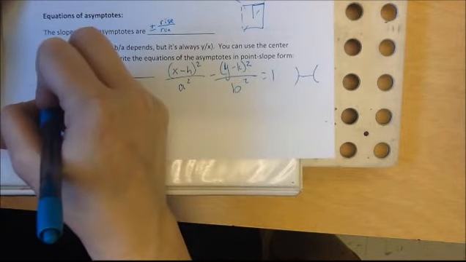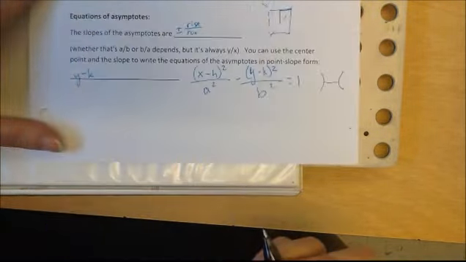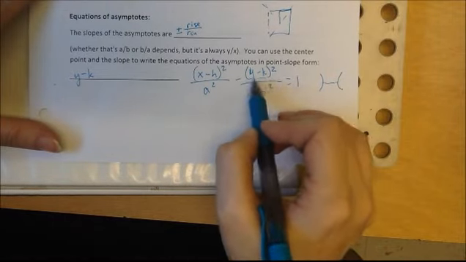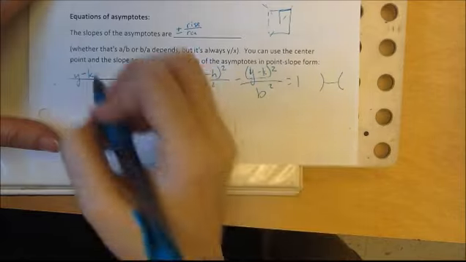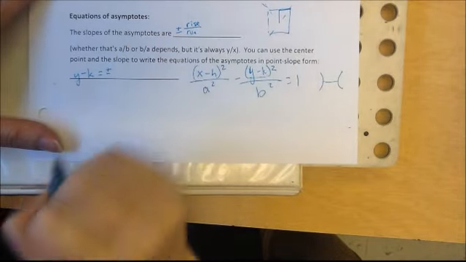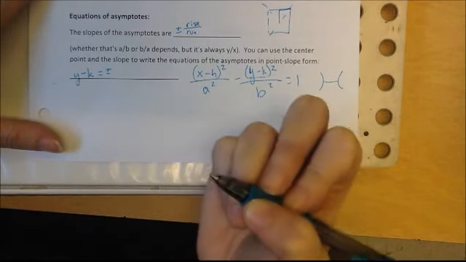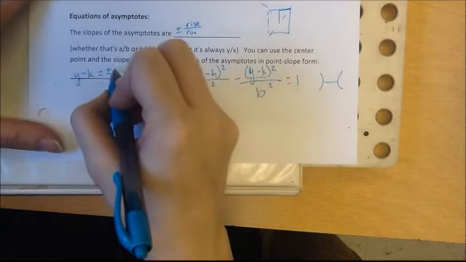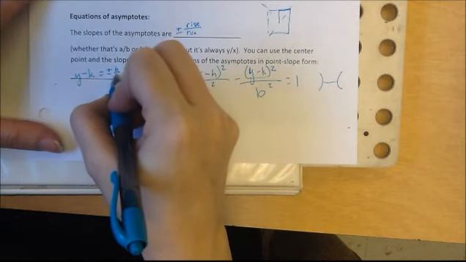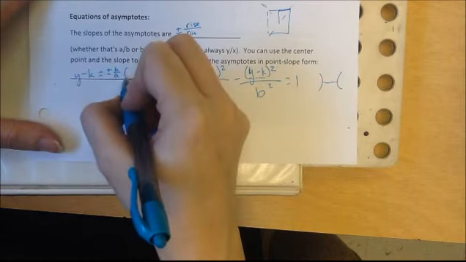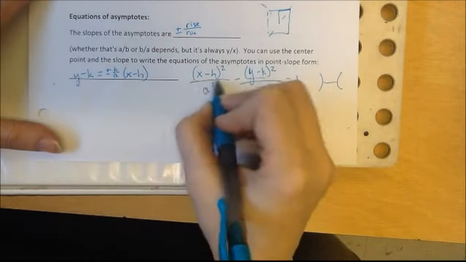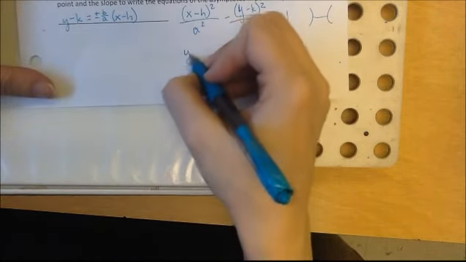The equation would be y minus k, and you can use this, because we know the asymptotes go through the center, so we can use the center, equals plus or minus rise over run. In this case, it would be b over a, because this would give you the rise and this would give you the run, times x minus h from right here.